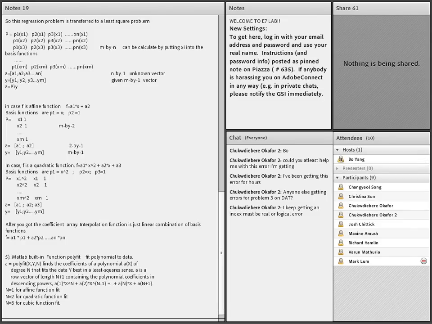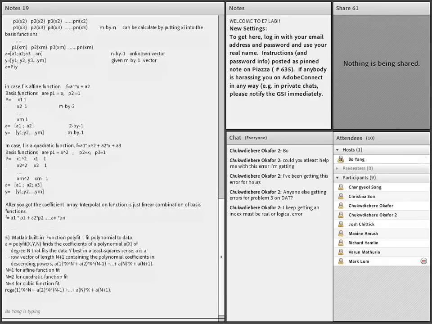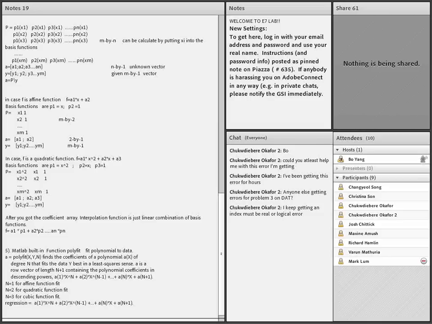After we get this output capital A, the regression function is just a1 multiplied by x to the exponent n and so on. This is just the polynomial regression function of degree n, which is just what we want.